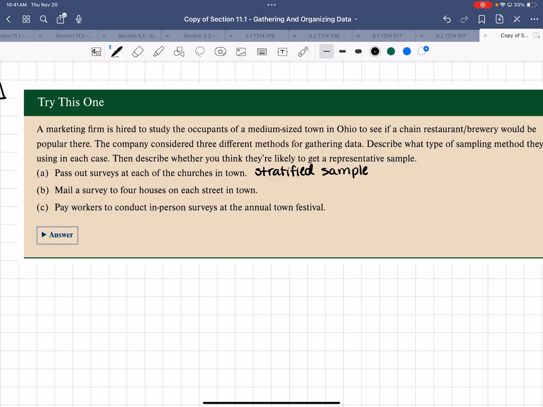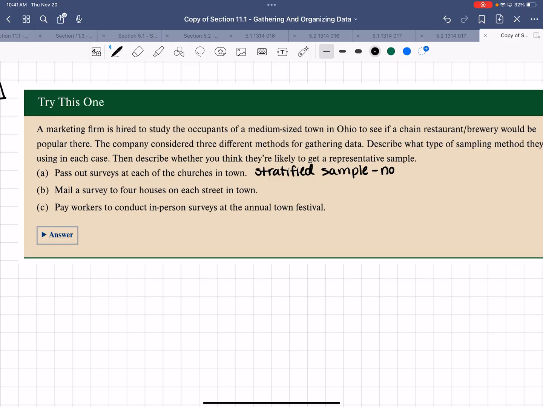And then it says, describe whether you think they're likely to get a representative sample. Do you think they're likely to get a representative sample? I'm going to say no. They also said no because the only people that you're surveying are people that go to church.